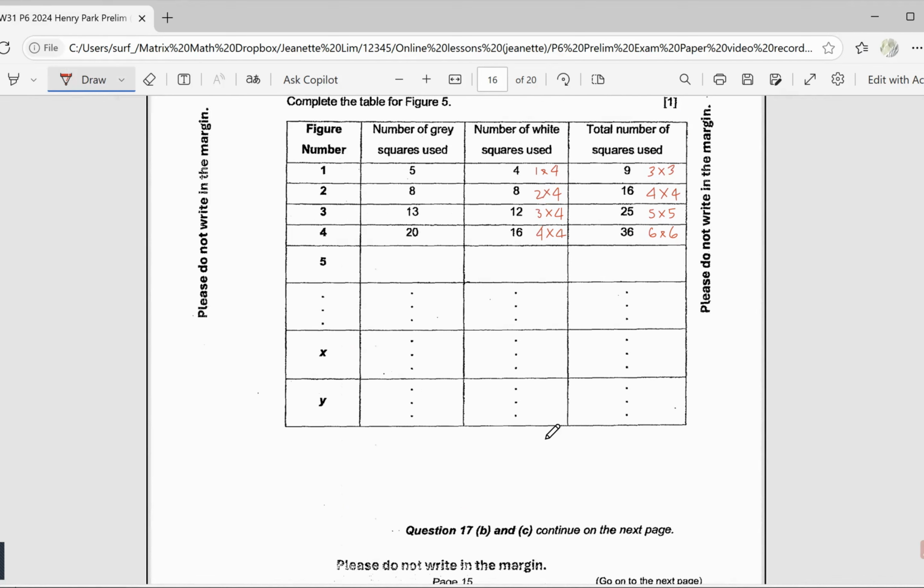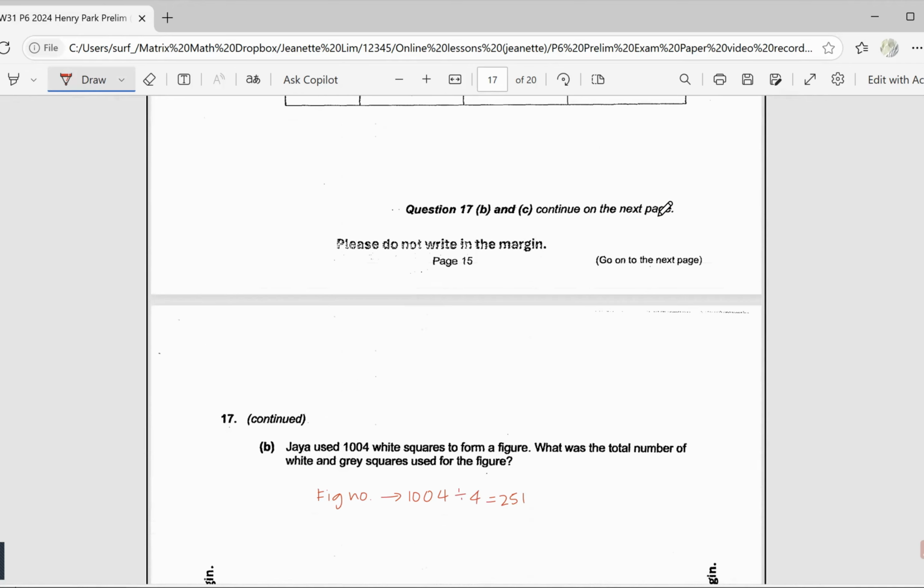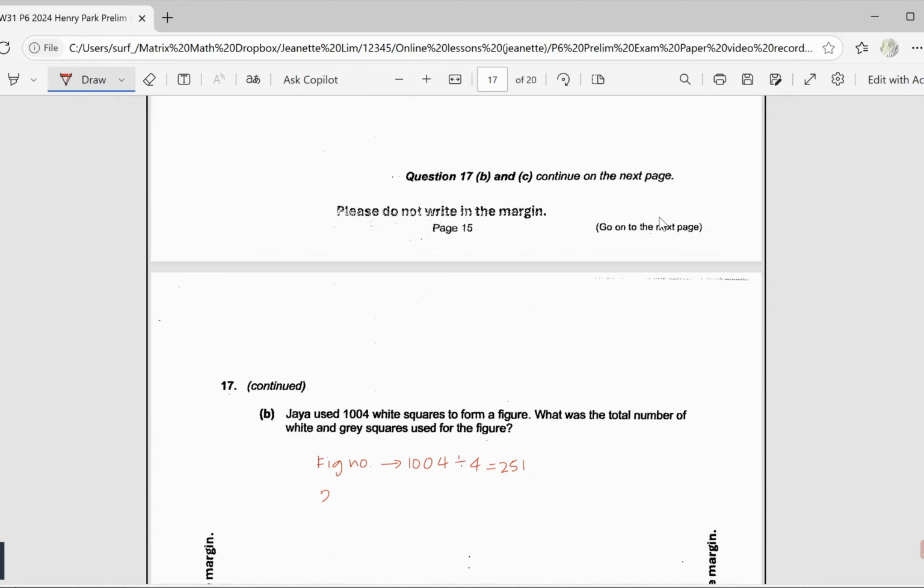It is not 251 times 251 because figure 1 is not 1 times 1. Figure 1 is 3 times 3. Figure 2 is 4 times 4. Figure 3, 5 times 5. It's always plus 2 and then you multiply it by itself. So for figure 251, you need to add 2 first, which is 253.